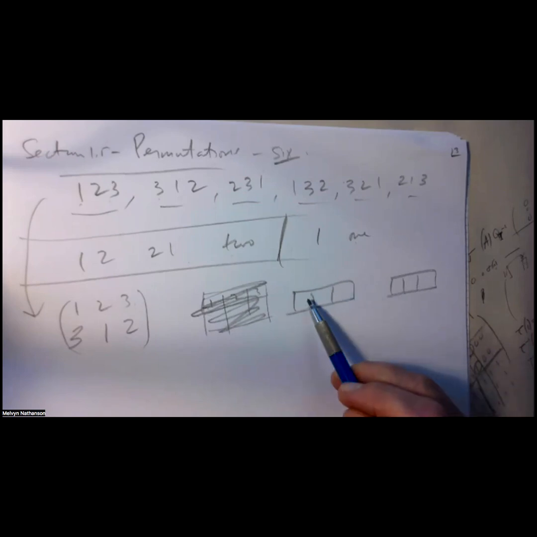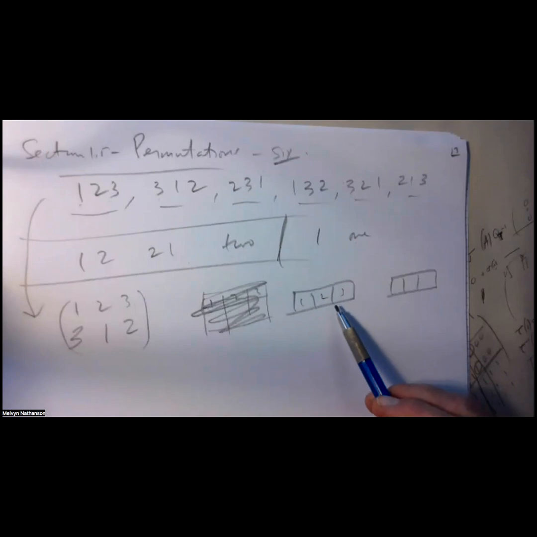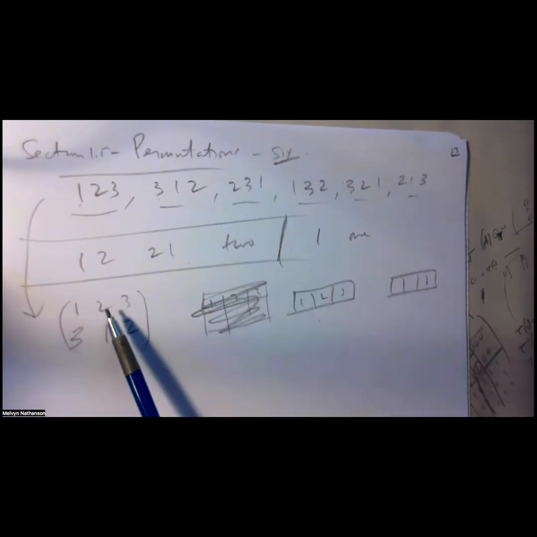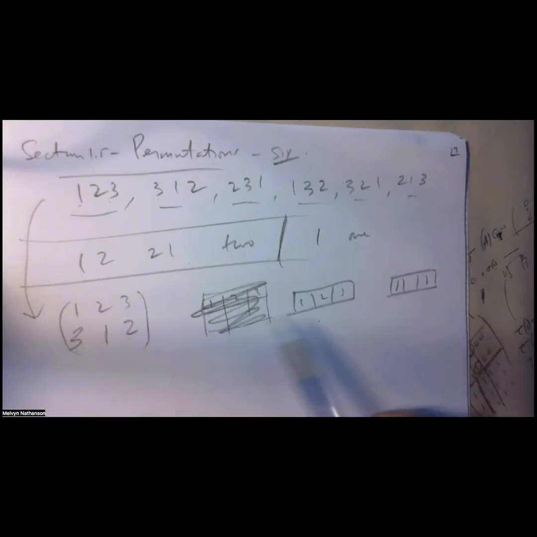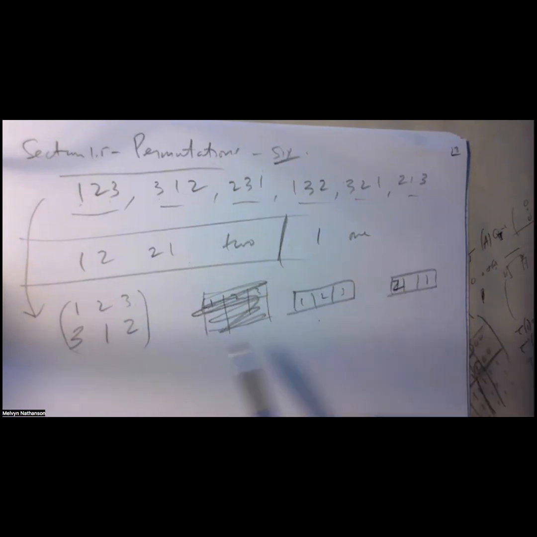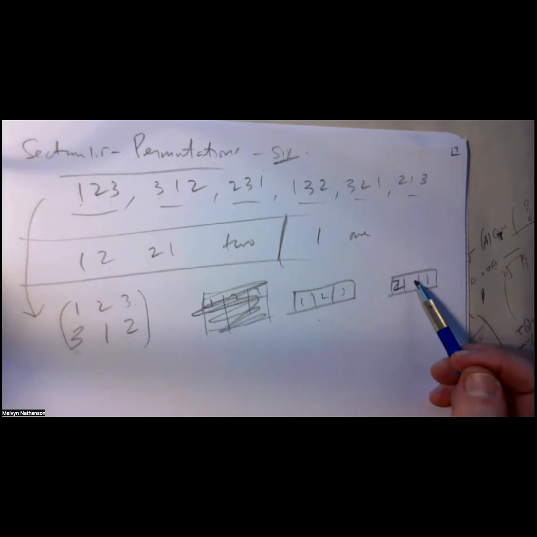So here we have our boxes, and we have 1, 2, 3 in order in the boxes. And then we take 1 and we put it in box 3. And we take 2 and we put it in box 1. We take 3 and put it in box 2.